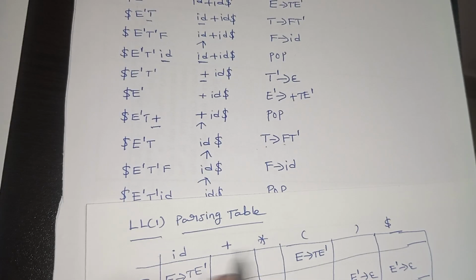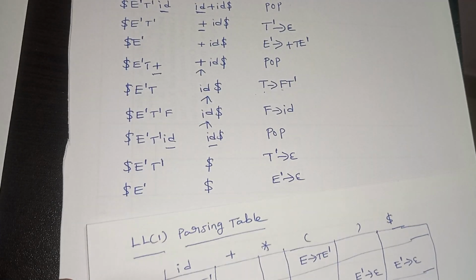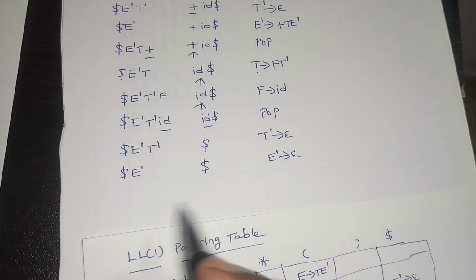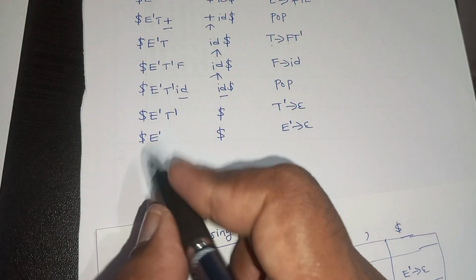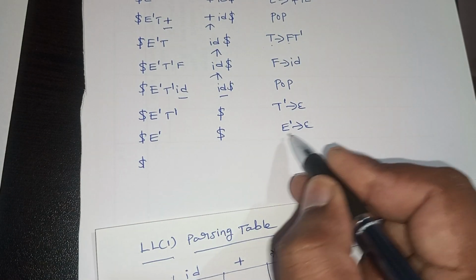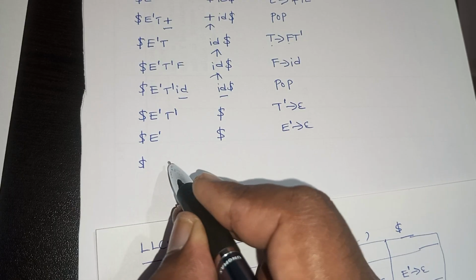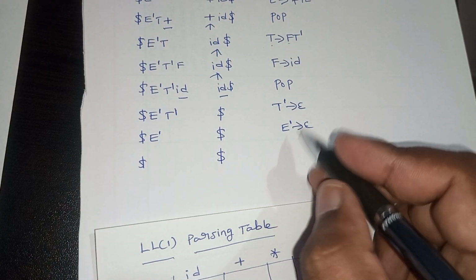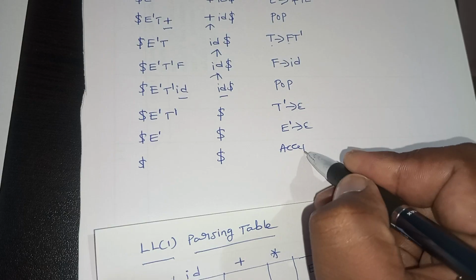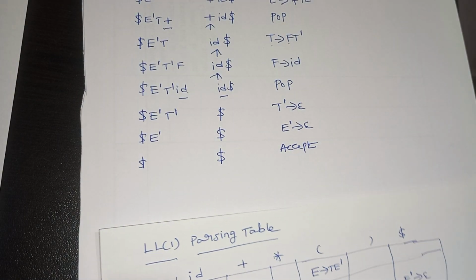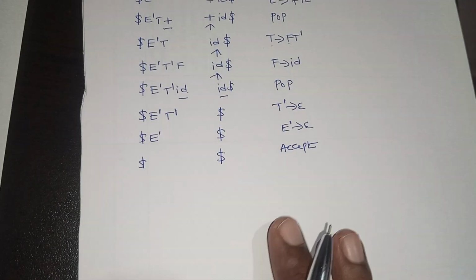Then what will happen? When you write this in the place of e dash it is going to vanish, so dollar dollar, you write accept.